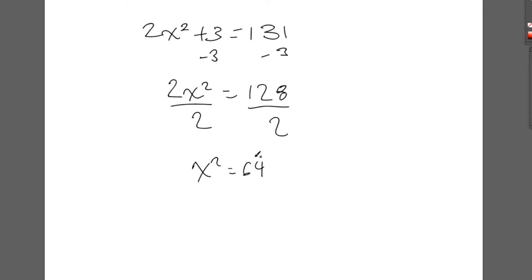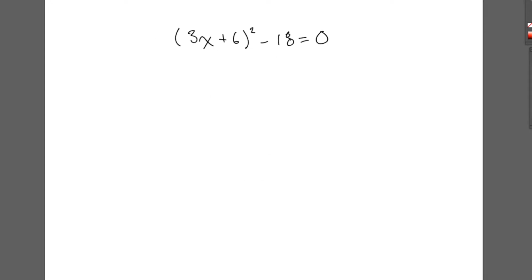Now what we're going to do is we're going to add in the square root. So we square root this side, square root the x, so that the 2 goes away, and then we got x equals plus minus 8. Horrible handwriting, but that is your answer.